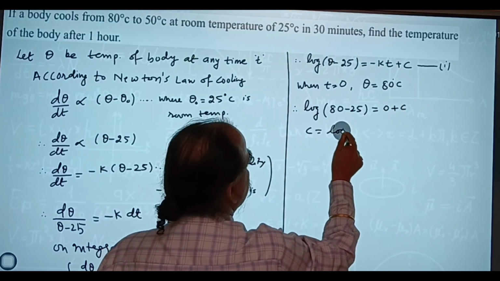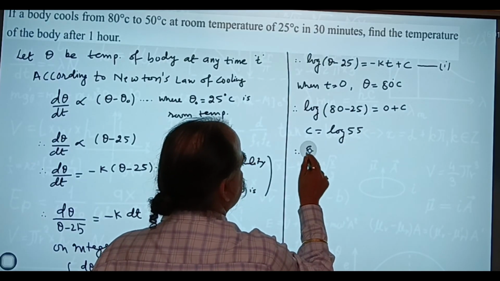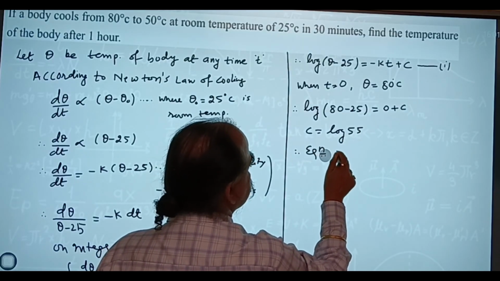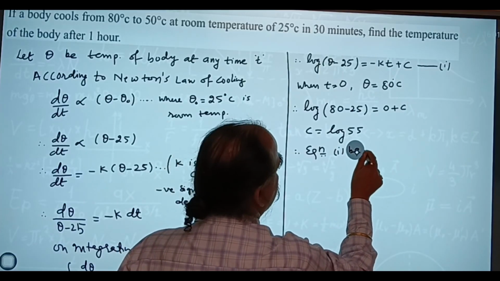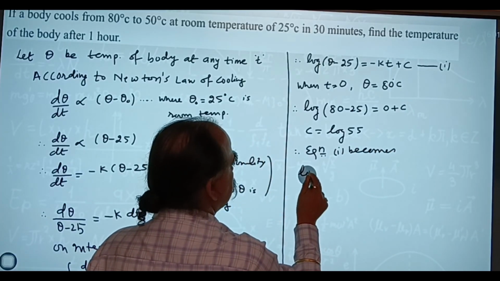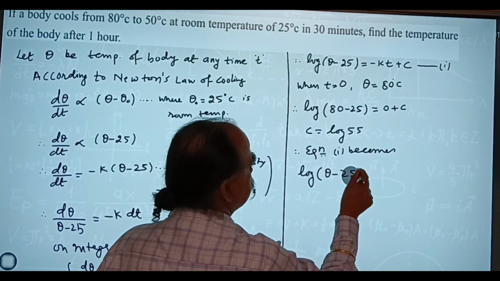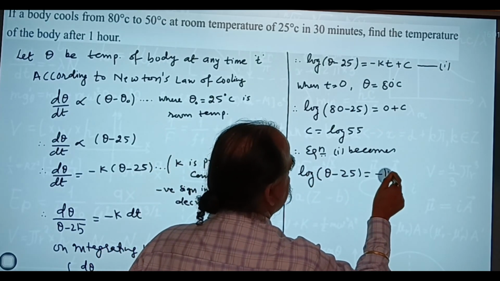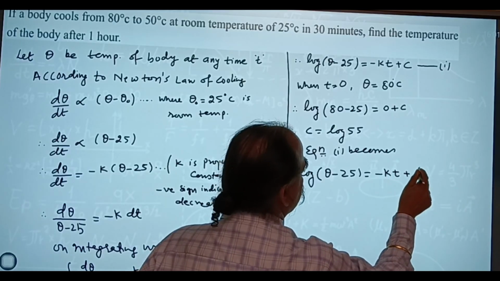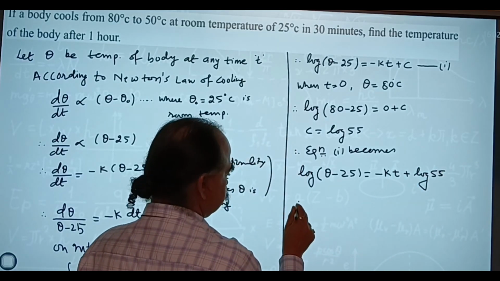Log 55. So equation 1 becomes log (theta minus 25) is equal to minus kt plus log 55.